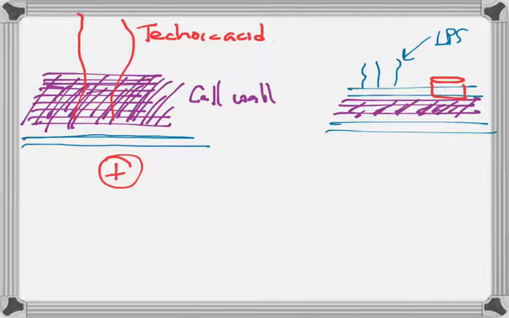Taking a look at these two images, what then is accessible to a bacteriophage for attachment? What could it use to attach to a gram-positive cell or a gram-negative cell? Teichoic acid for gram-positives, LPS for gram-negatives.